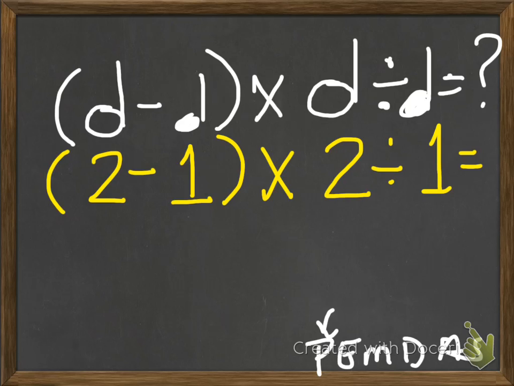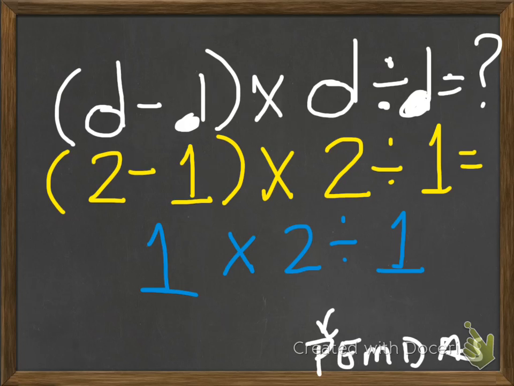Let's do our parentheses. 2 minus 1 is, sorry, 2 minus 1 is 1. 1 times 2 divided by 1.